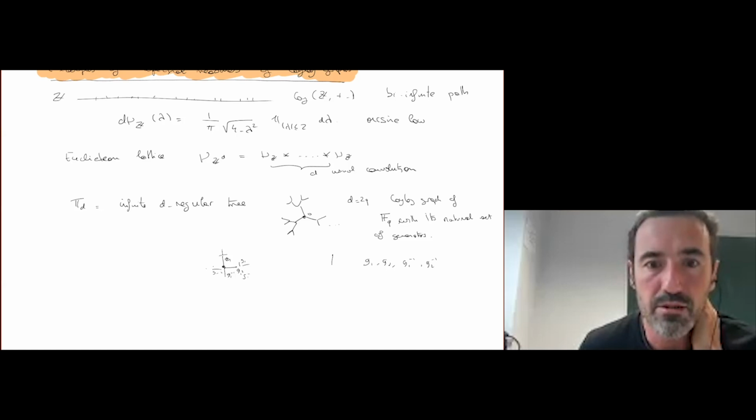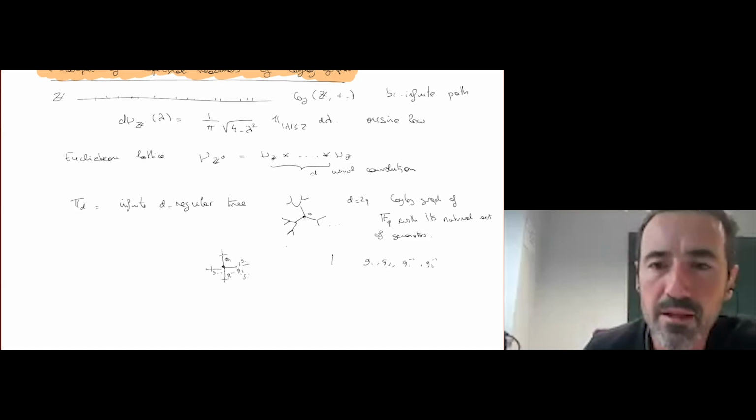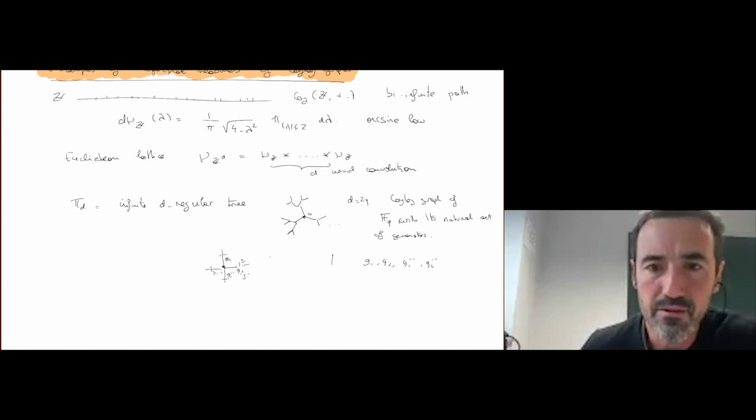The picture you get is an infinite 4-regular tree. So F_2 corresponds to T_4.